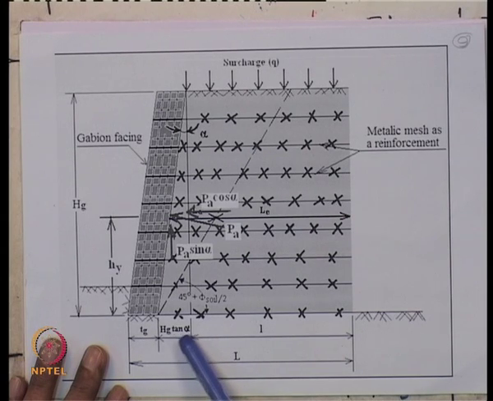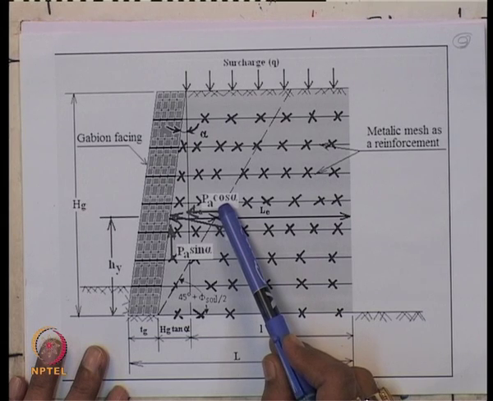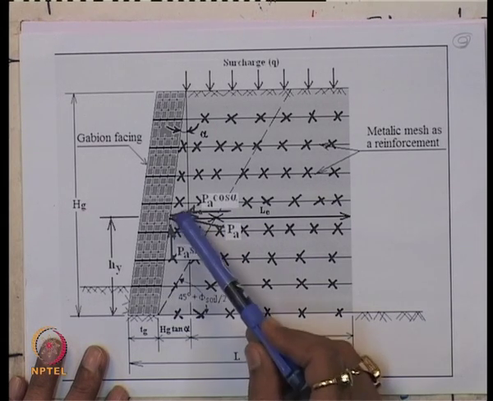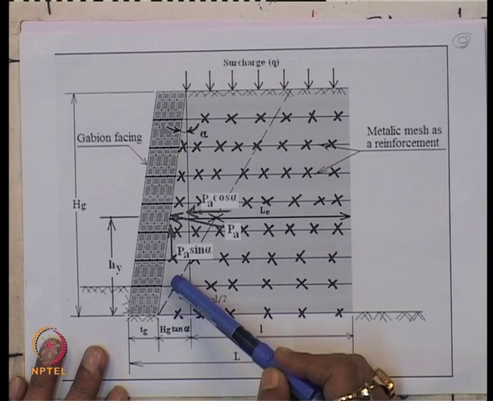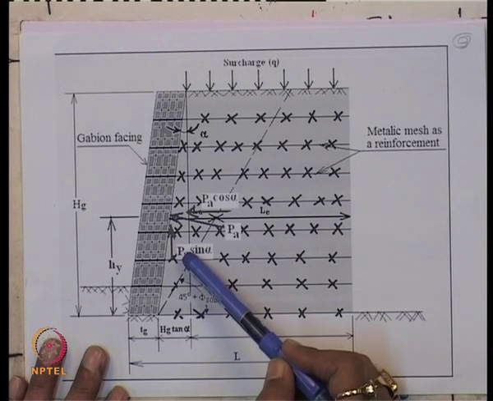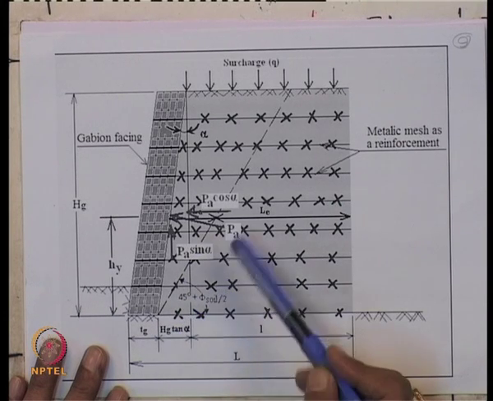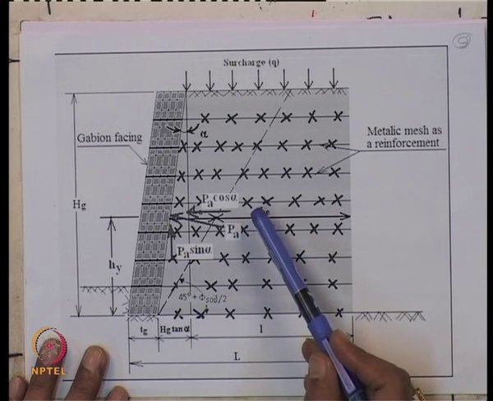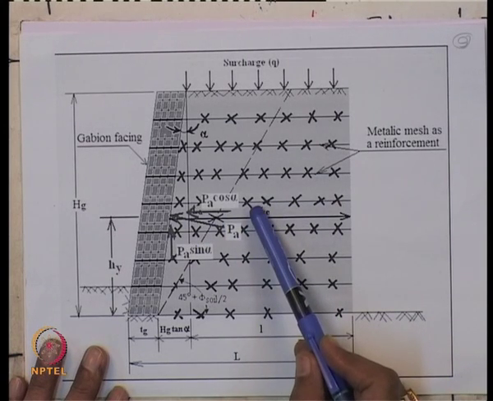This is Hg into tan of alpha. So this LA will be equal to Hg tan of 45 degree minus phi by 2, minus Hg tan of alpha.